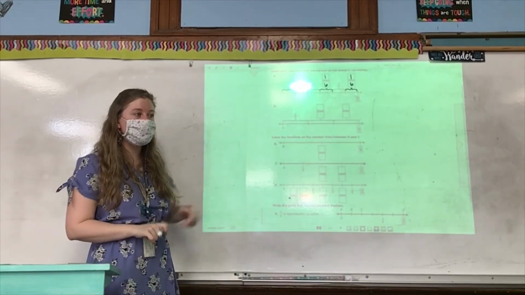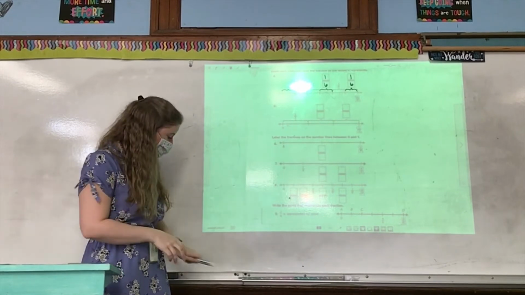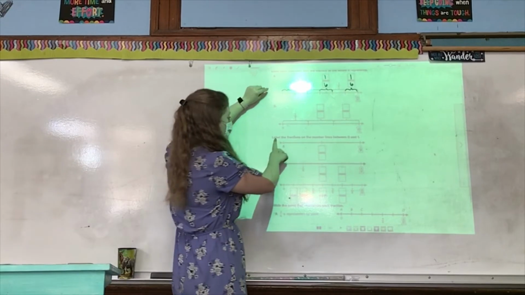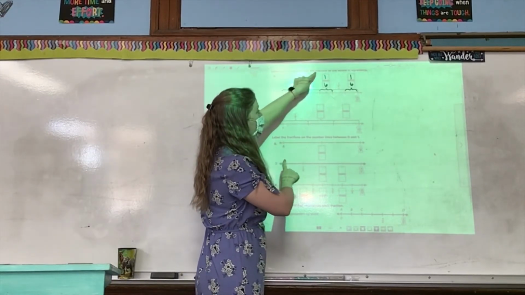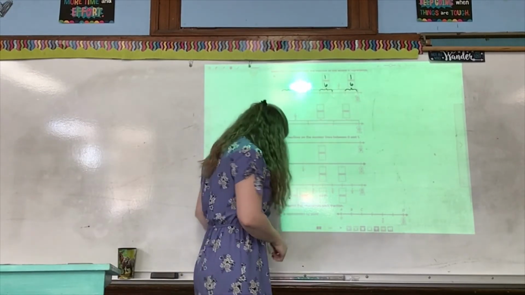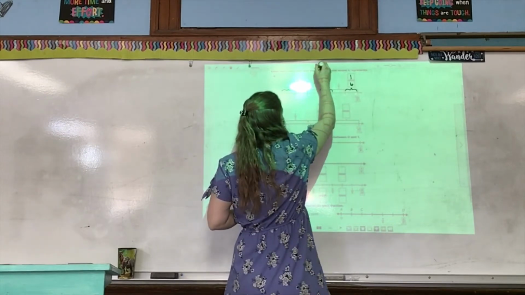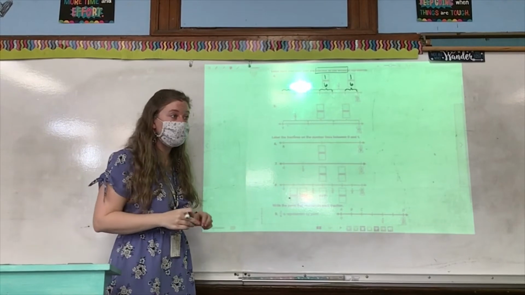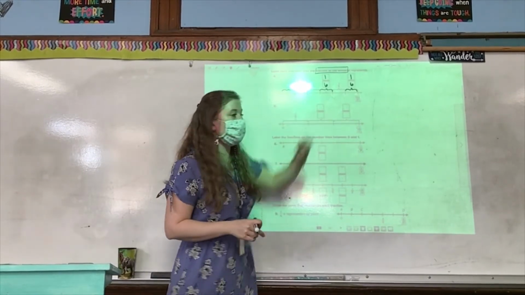Number 6, look at the difference between the instructions. This one said label each unknown with the fraction of the whole. Put a box around fraction of the whole. That represents how much out of the whole thing each little mustache is representing.